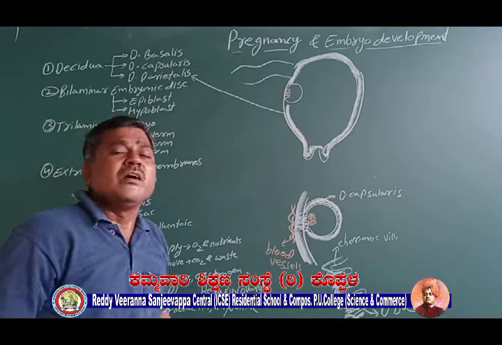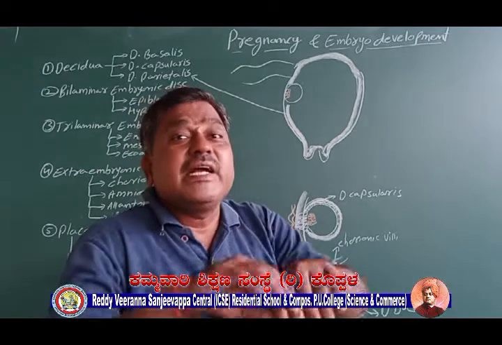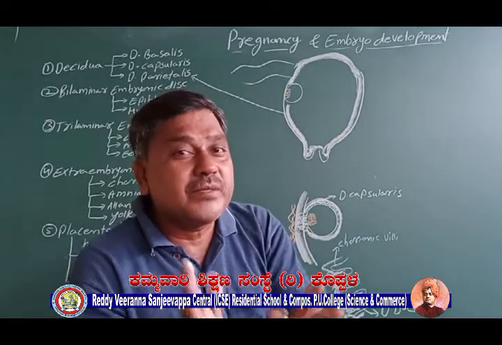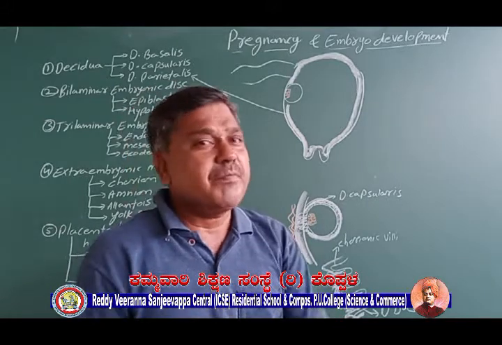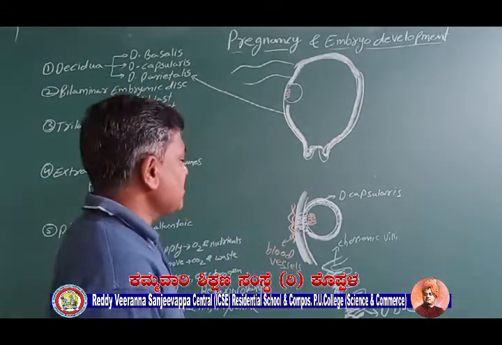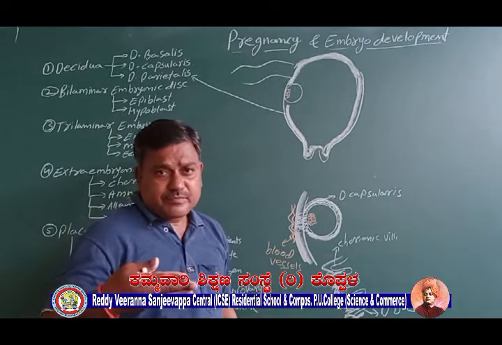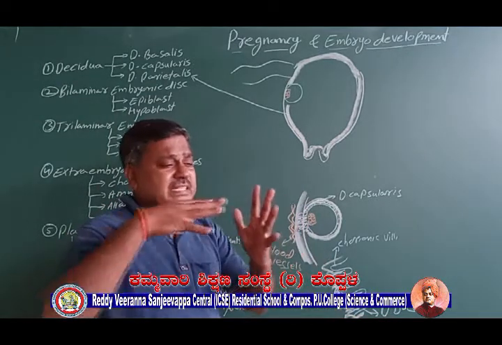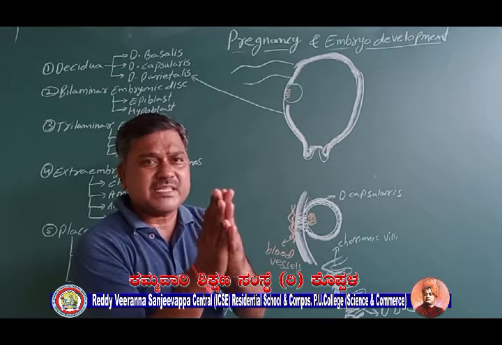So what is meant by decidua? Decidua is the endometrium developed during pregnancy or during implantation. The endometrium which leads to formation of the placenta is called decidua basalis.